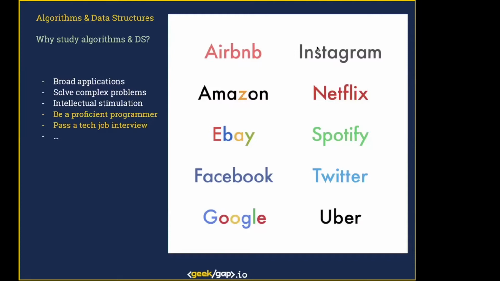But I think the reasons why we are interested in algorithms and data structures here are these two: because we want to be proficient programmers and pass tech job interviews. Pretty much all the companies will require you to do an algorithm, data structure and a system design interview before getting you a position. So that's why we're here mainly.